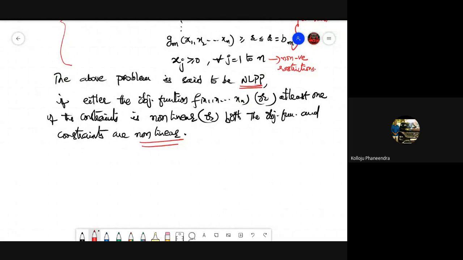Then how to apply? I think if you remember in your first semester, maxima and minima of functions of several variables. You learned how to find maxima and minima of a function of two variables, right? What is the method?